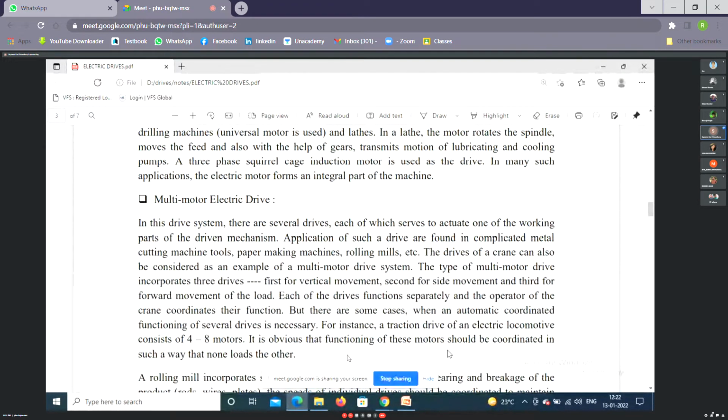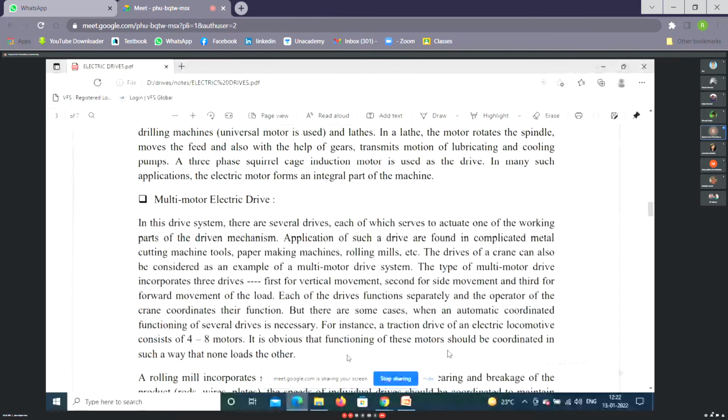There are different distinct motions: the vertical movement, lifting and lowering the load, then the sidewise movement, and third, the forward movement of the vehicle. So for these three types of movements, three different motors are used.